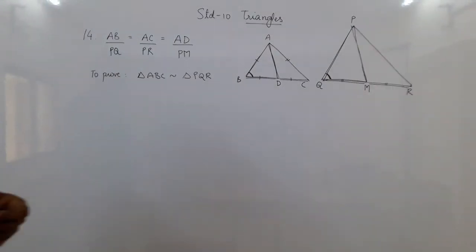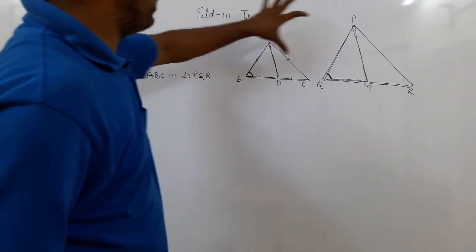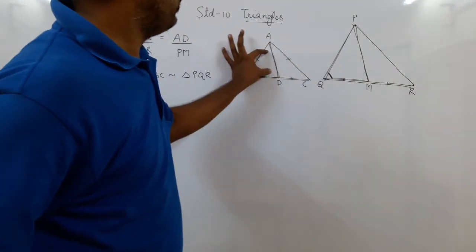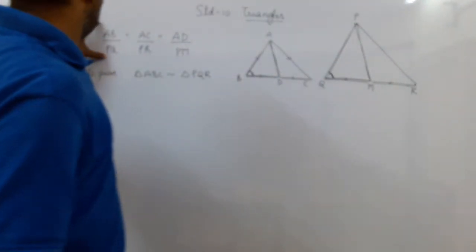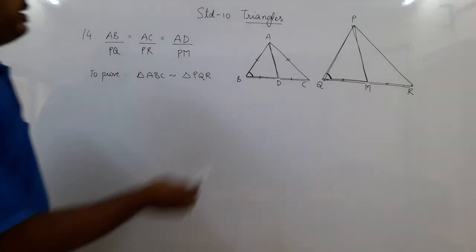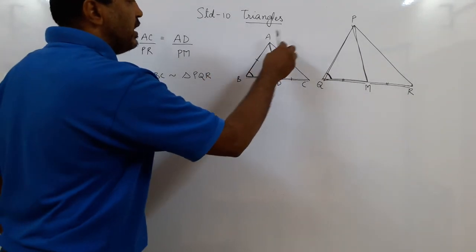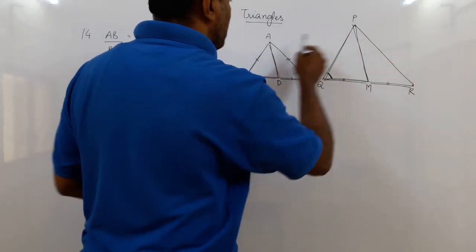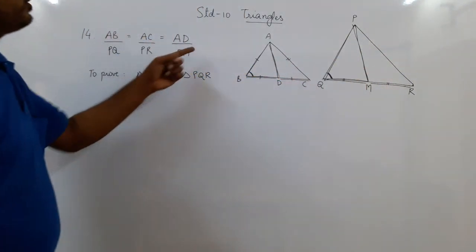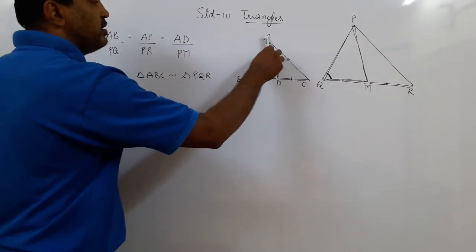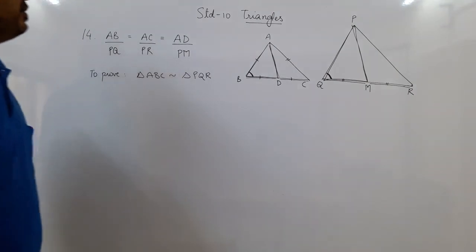Understand the sum very well. You are given AB upon PQ equal to AC upon PR equal to AD upon PM. So three sides are given in the same ratio. But if you look at these three sides, AB, AC and AD, and PQ, PR and PM, they do not make a triangle. There are three sides, no doubt, but these three sides do not make a triangle.